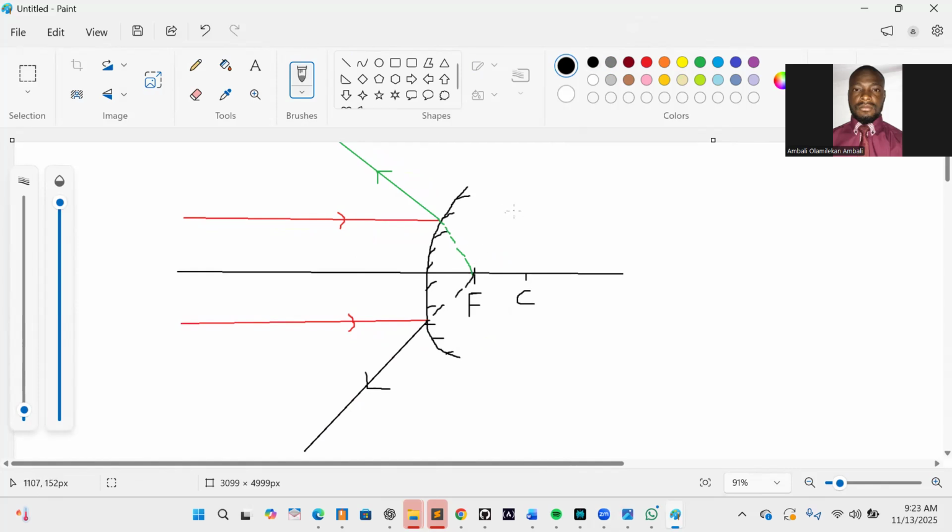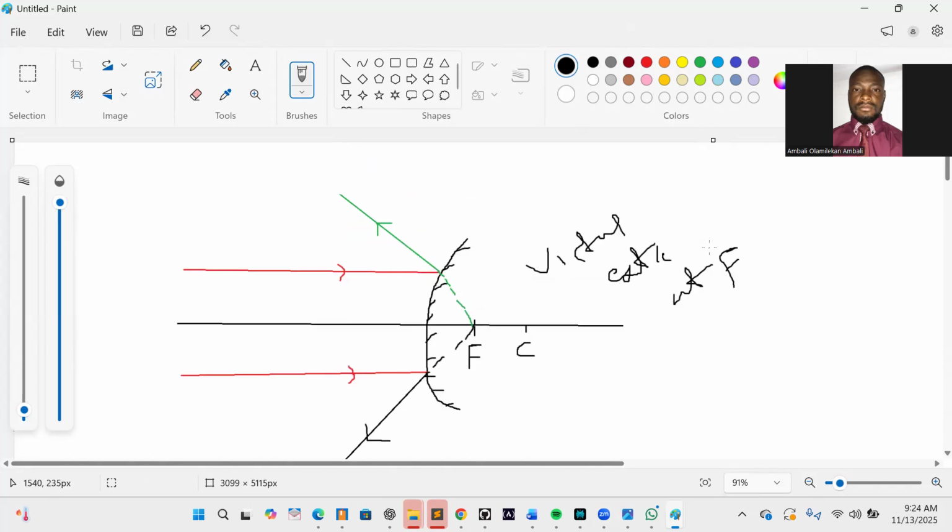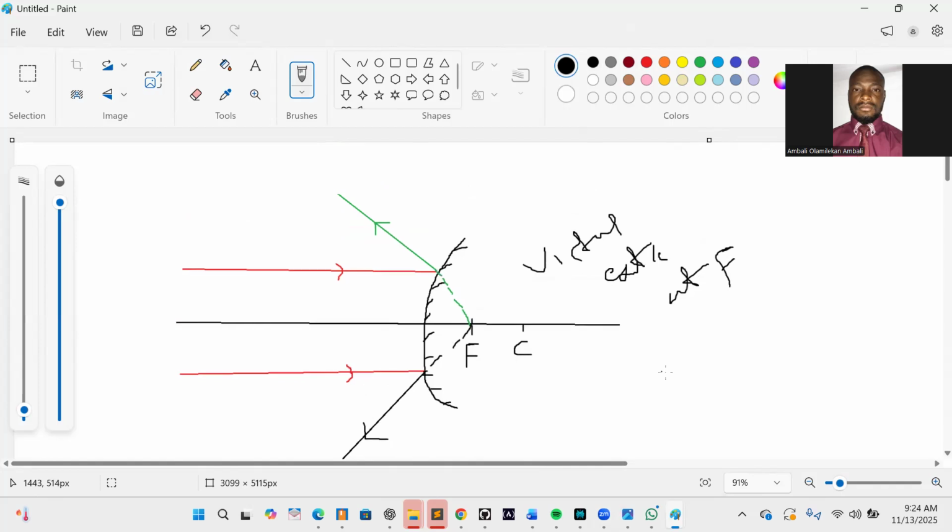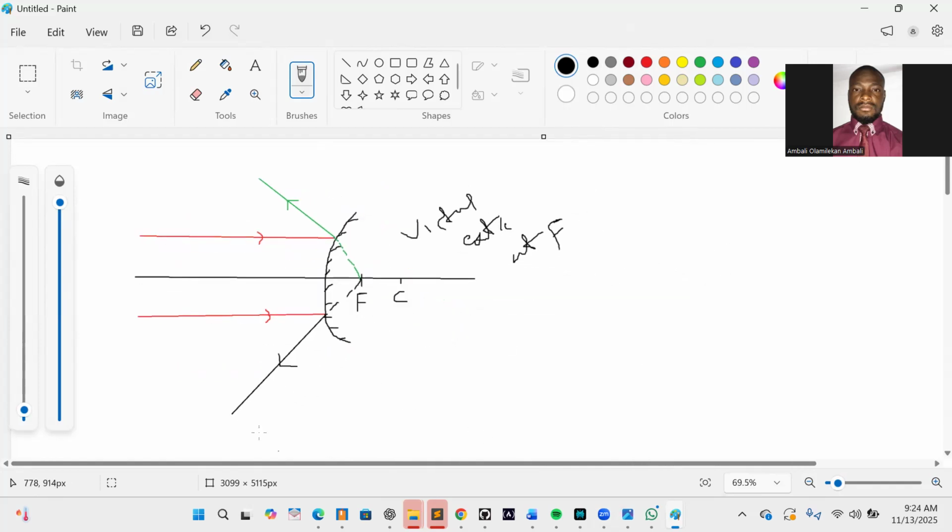Because we extrapolate the rays, the image is virtual. It's extremely small, just like we said for the concave mirror with the object at infinity. So this is virtual, extremely small, and located at the focal point of the mirror. That's the complete diagram for the object at infinity for the convex mirror.